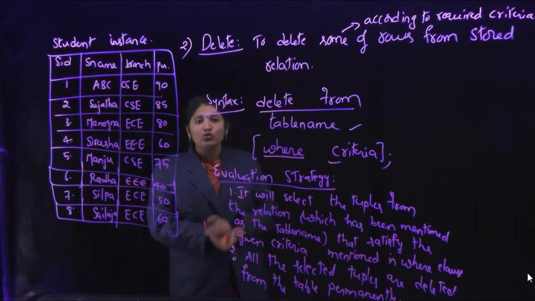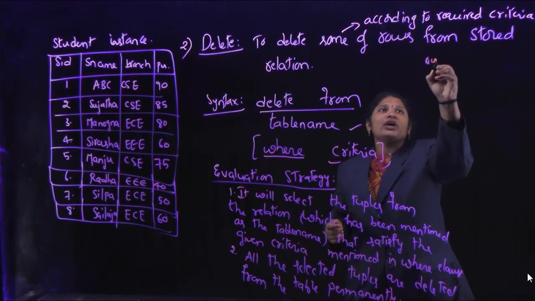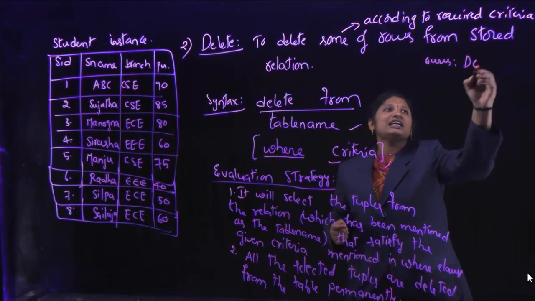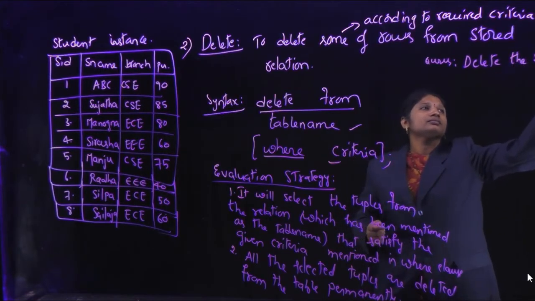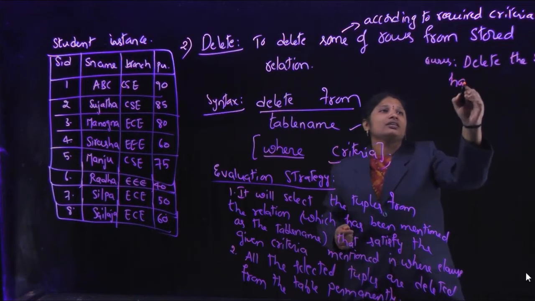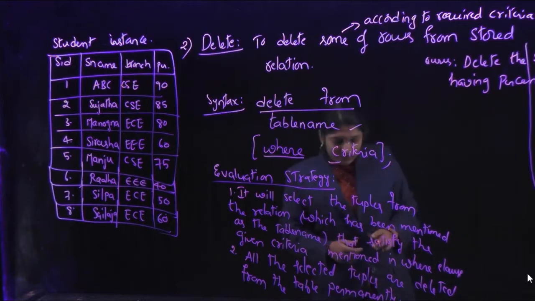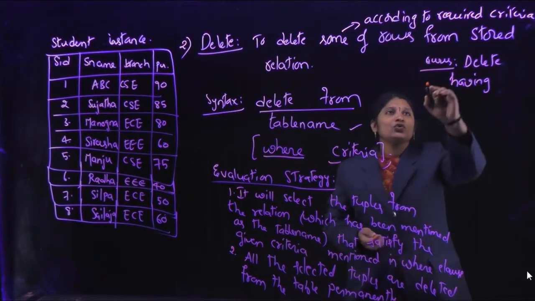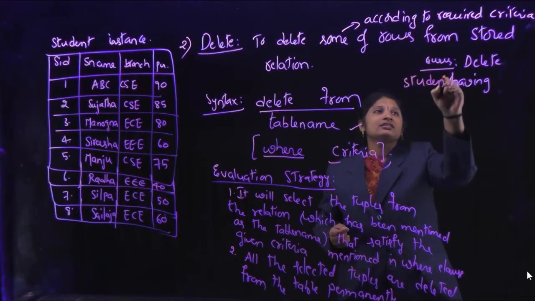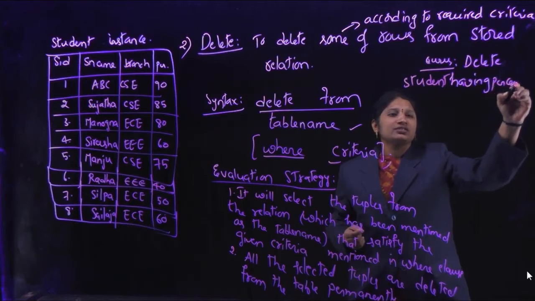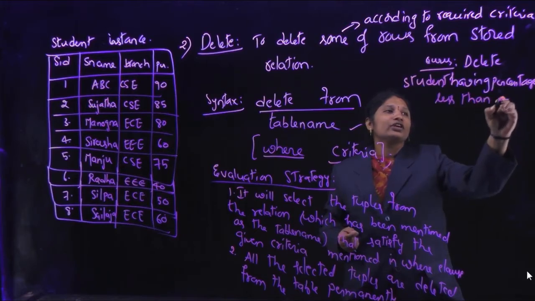Now the query given by the user is: delete the students having percentage less than 45.